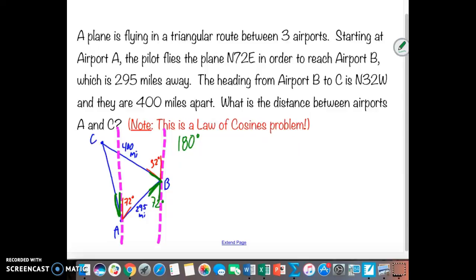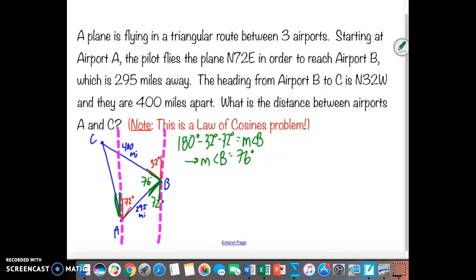So 180 degrees, if we subtract off 32 degrees and if we subtract off the 72 degrees, this is equal to the measure of angle B. With this being said, measure of angle B is equal to 76 degrees. So we can label B as 76 degrees.